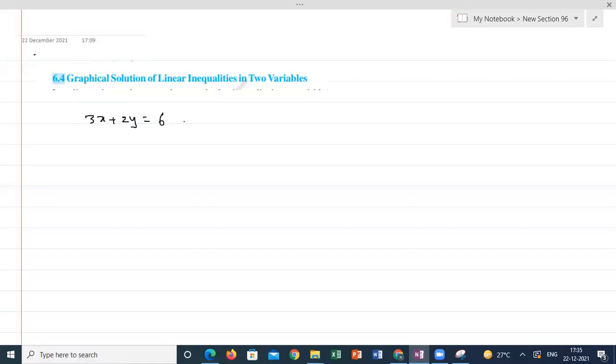If I ask you to draw the graph, by seeing the single equation, there are two variables. One equation definitely has many solutions. How will I know this concept with the help of a graph? When it comes to solutions, it means the set of x, y values which can satisfy the given statement.